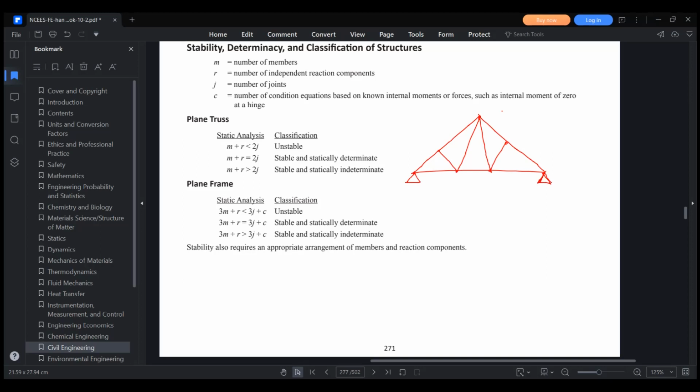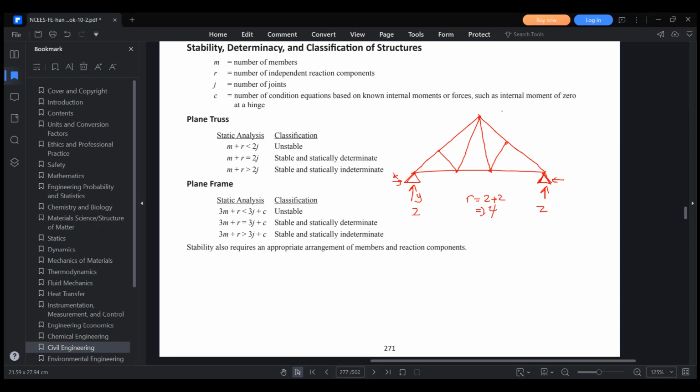And the supports, if you have pin supports, we have two unknowns, as you remember. We have y and x components for each case, for example. So that means we have two unknowns, two reactions here. So 2 and 2, the total number of reactions will be 2 plus 2, of course, 4.